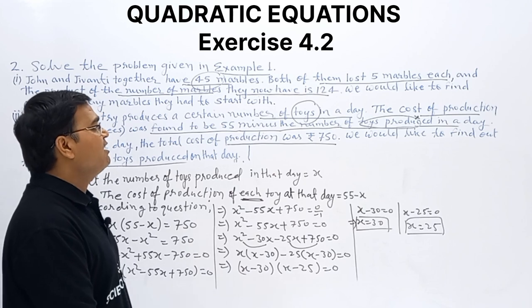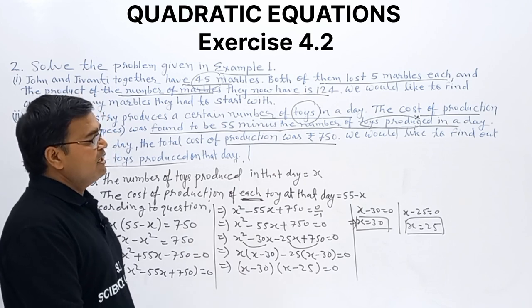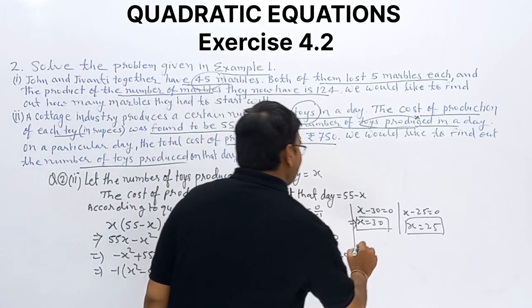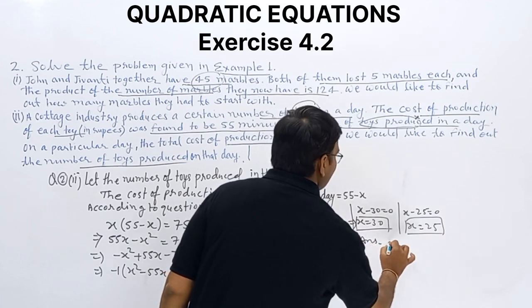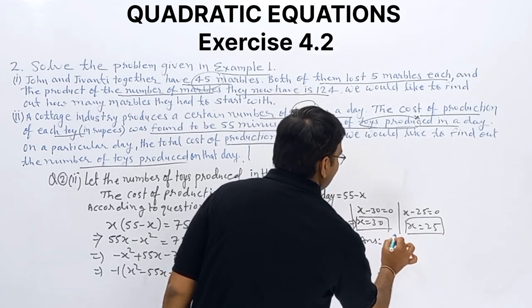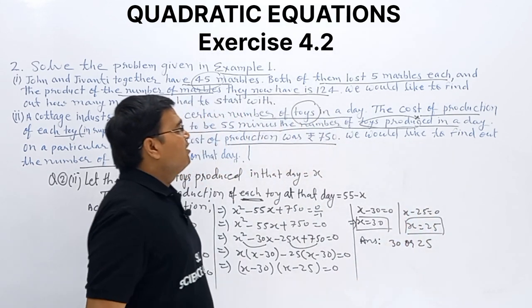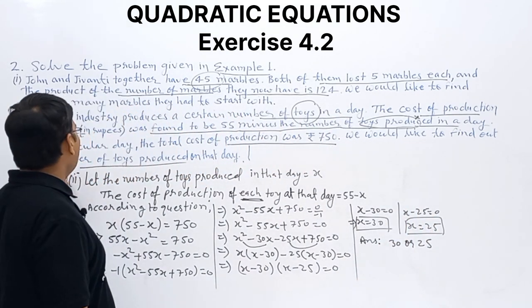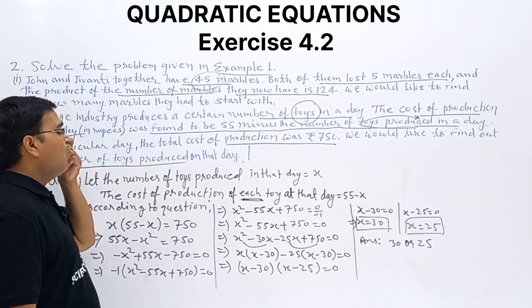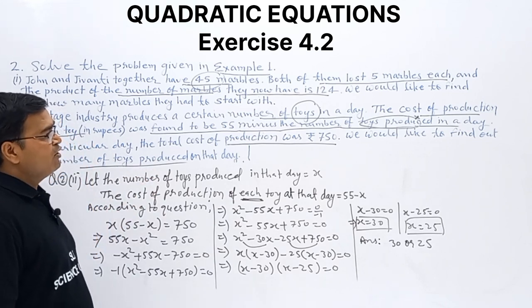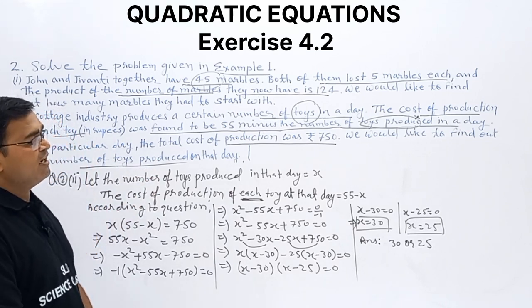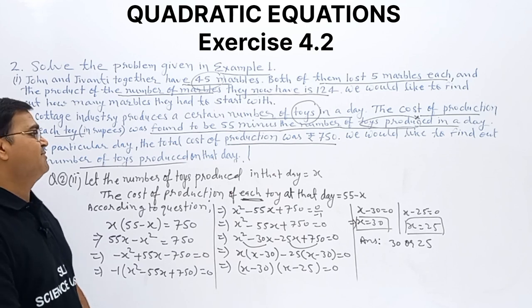So that day the company produced 30 or 25. Find out the number of toys produced on that day. How many toys produced? 30 or 25.